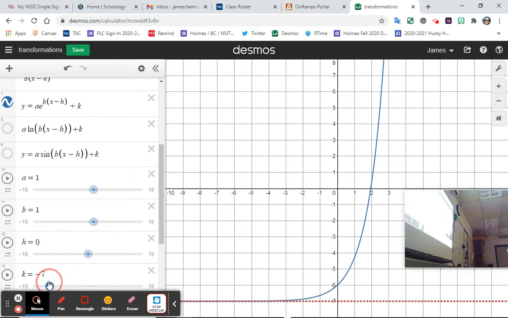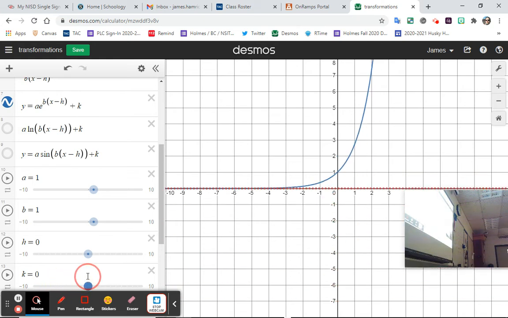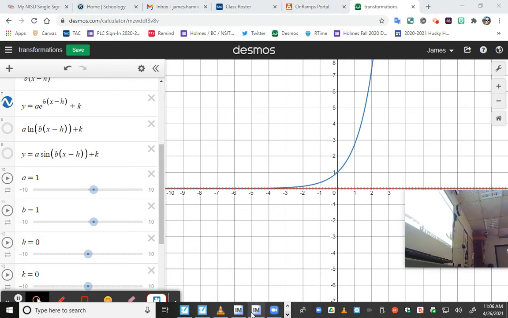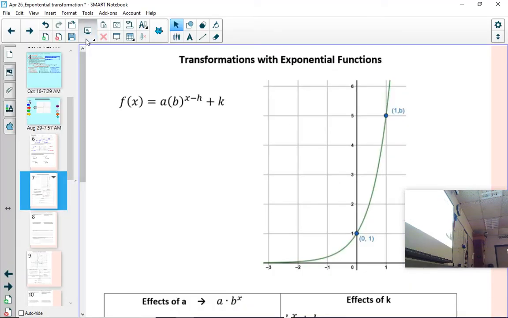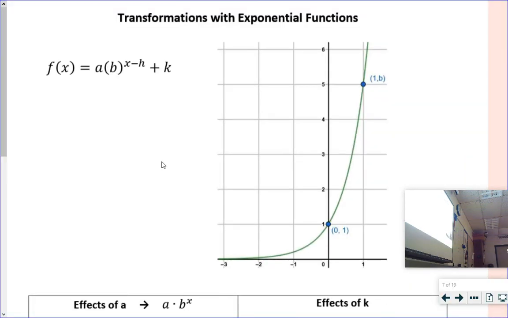The shape of the graph isn't changing. It's just shifting that whole thing. Also notice the asymptote. These do have horizontal asymptotes. So as the k changes, the horizontal asymptote also changes. Okay? So that's your kind of overview of transformation.